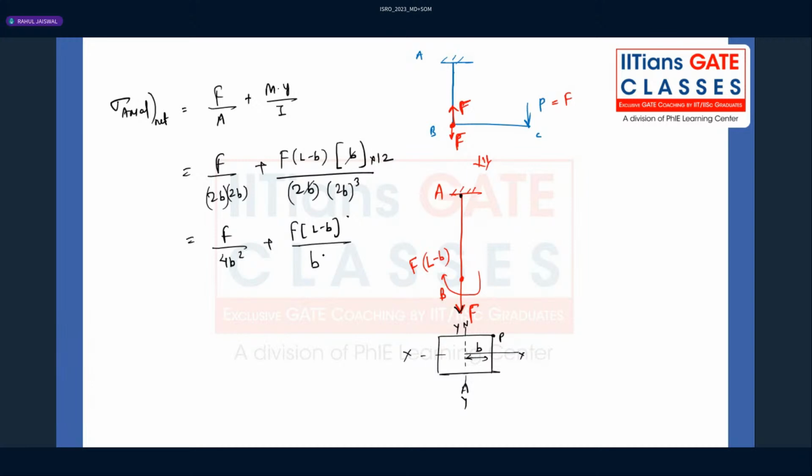So here I'll be getting B cubed, 12 divided by 8 into 2. So I will be getting F divided by 4B squared plus 3 by 4 F into L minus B.